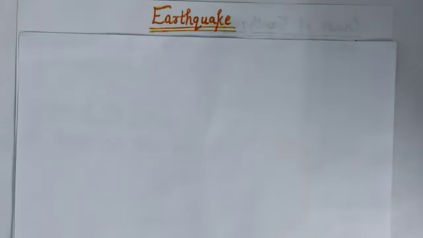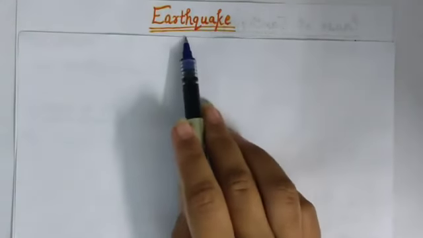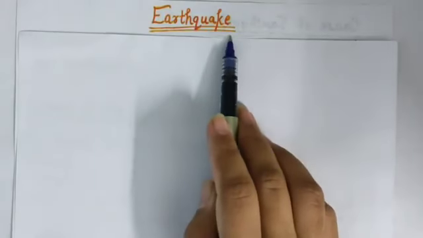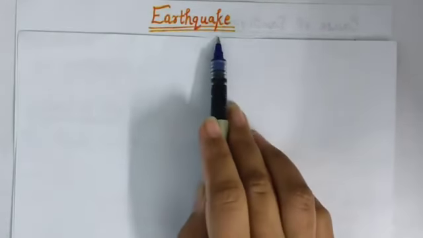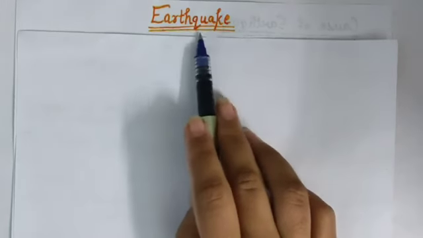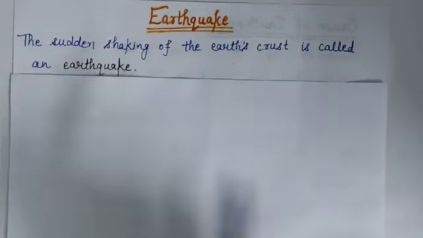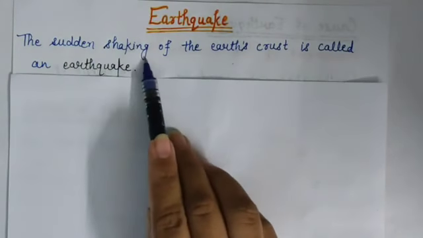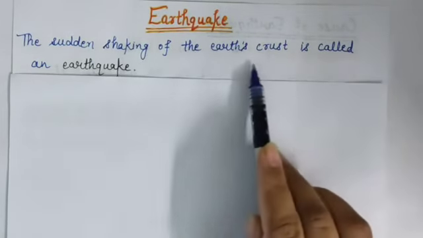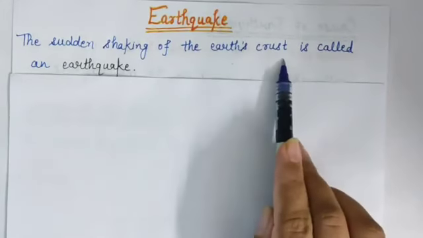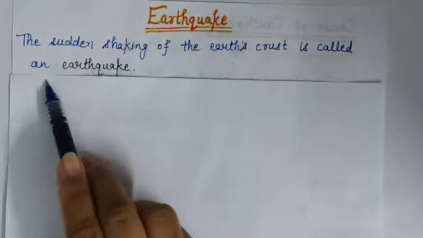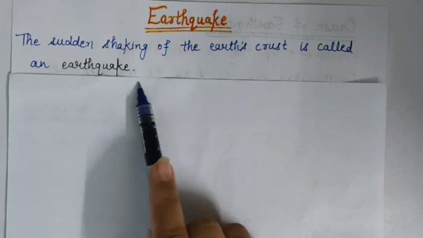So let's start our lecture with the topic earthquake. What is an earthquake and how can we define it? Students, the sudden shaking of the Earth's crust is called an earthquake.